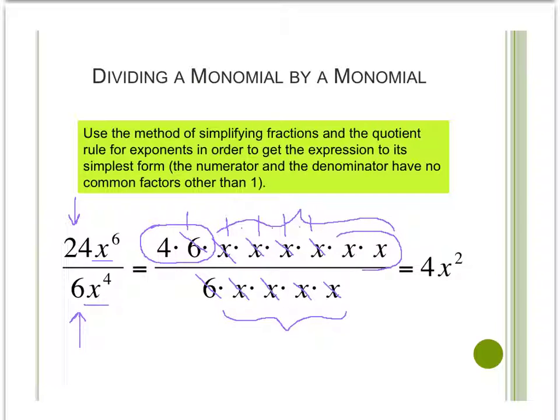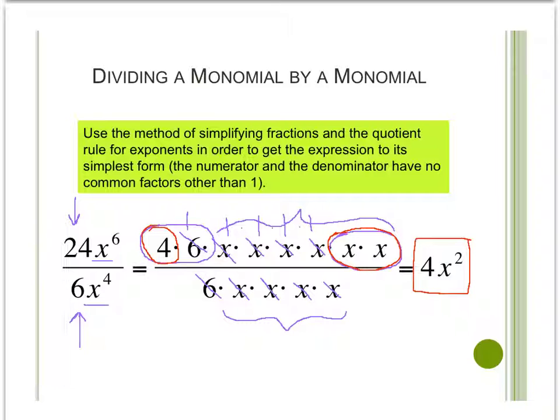And as a result, we have 2 x's left in the numerator. And so, if we take a look, all that we have left other than multiplication by 1 is a 4 and x to the 2nd in the numerator. So our answer would be 4x squared.